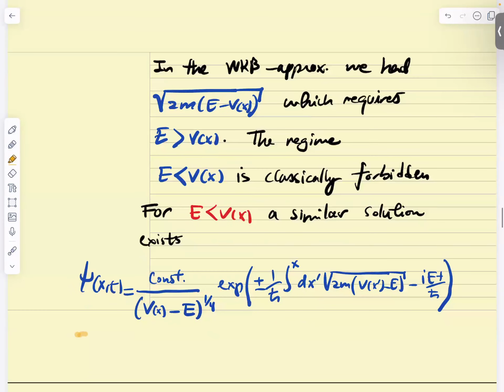Here's a guess. Now we do remember that even our heuristics fall apart here, right? This is classically forbidden. So what do you expect? We talked about this before. When the energy of the particle is higher than the potential, you expect classically and quantum mechanically for every energy to be allowed, right?